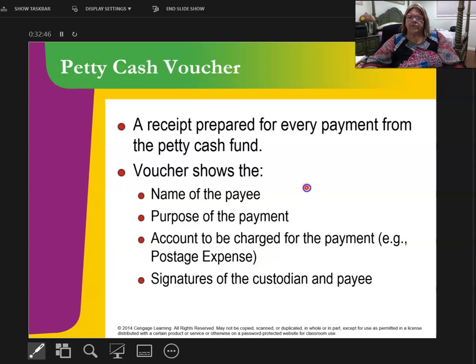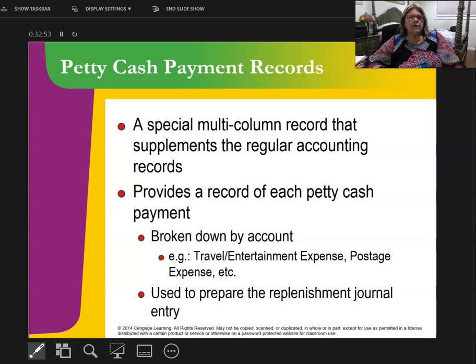But I keep a record. At the end of the month, I fill out the record with all this information. It's called a voucher. I'm going to break it all down so I know, and now I'm going to use this voucher to replenish it. This is the journal entry to replenish that we're going to show you now.